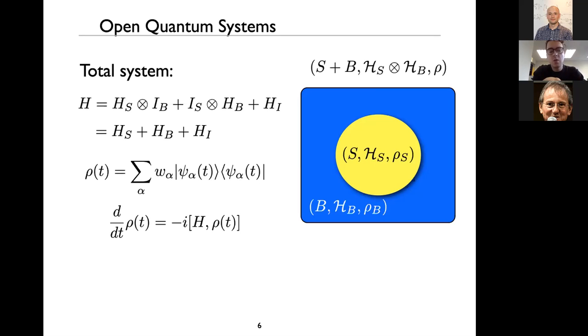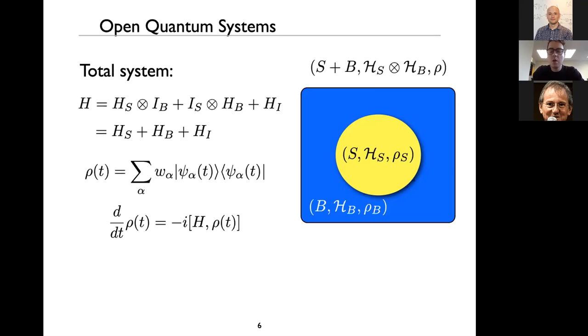You can then show that the general equation of motion of the density operator of our total system is given at the bottom of the slide. This equation of motion is called the von Neumann equation, but really it's just the Schrodinger equation, applying not just to pure states, but also to mixed states.